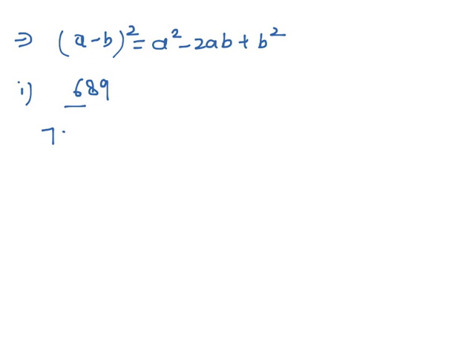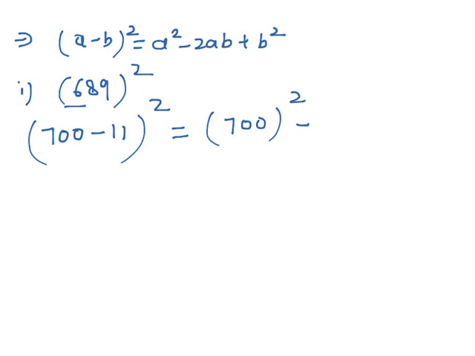Clearly if we write it like 700 minus 11, we have to find the square of this. So it will give us 689. So it will become a minus b whole square. So what will we do now? 700 square minus 2 times 700 times 11 plus 11 square.